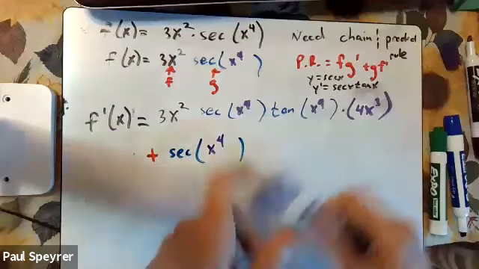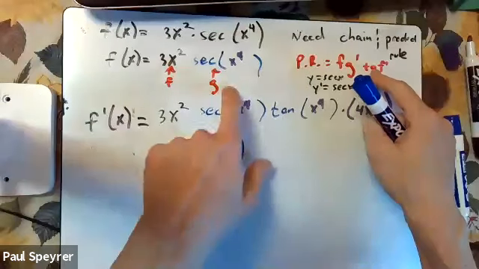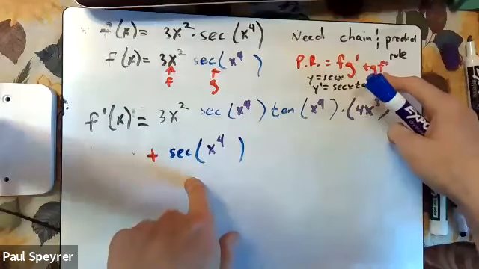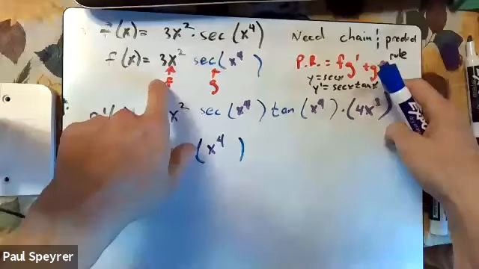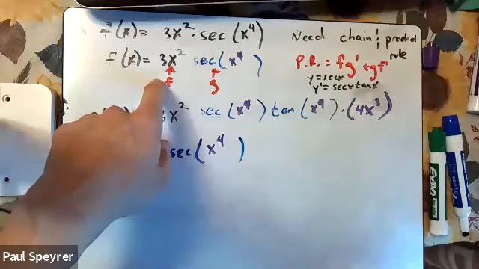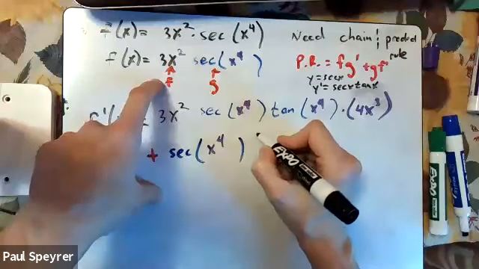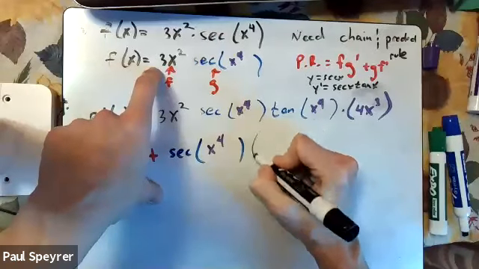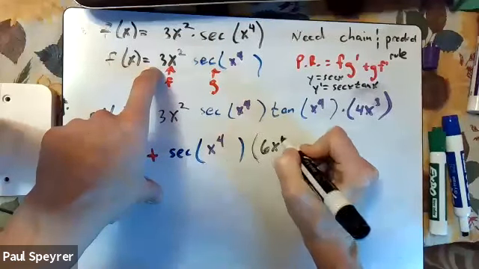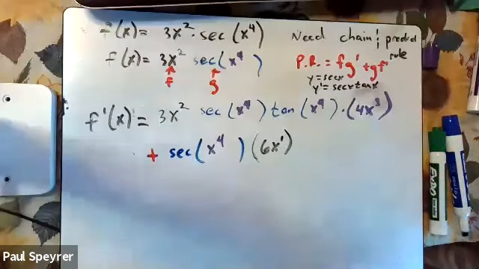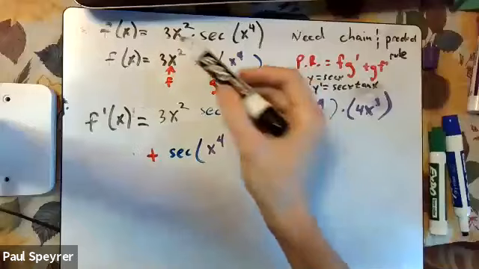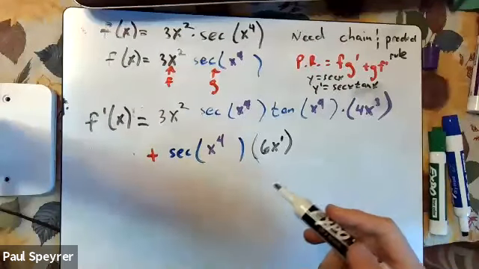So that's g, correct? And then the rest of the product rule says f prime, or the derivative of 3x squared. Well, that is just 6x to the first, right? So that's your entire derivative, or first derivative, for the product of these two functions.